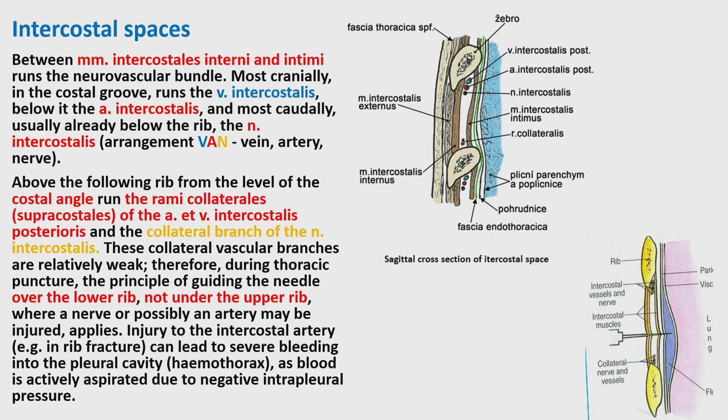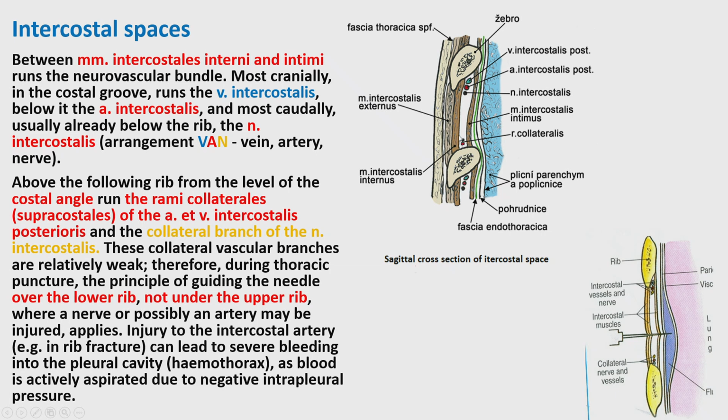Those are very weak branches. That's why, if you want, for example, to puncture the pleural cavity to take a sample of fluid, the puncture will go over the lower rib.